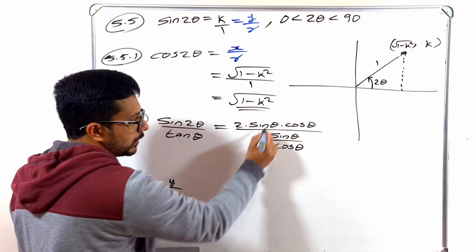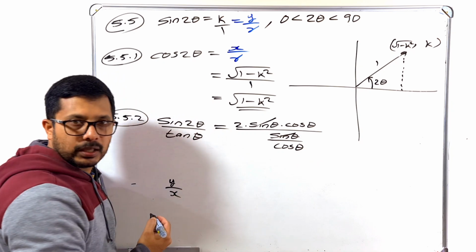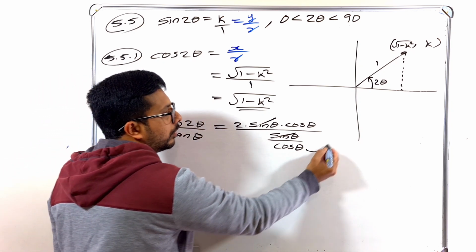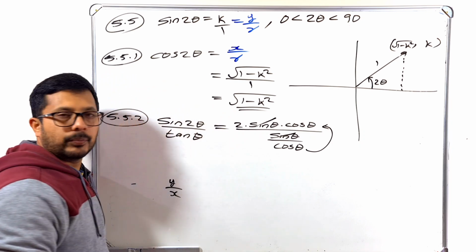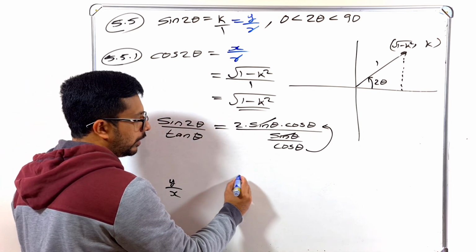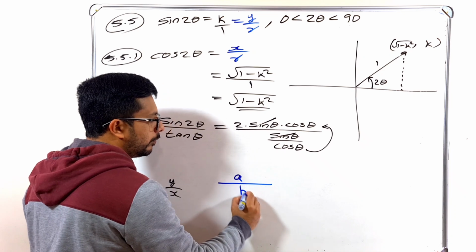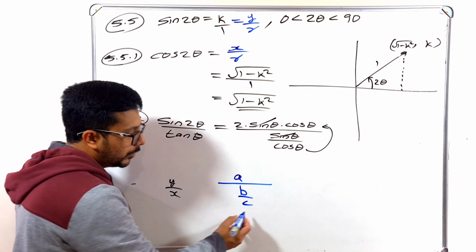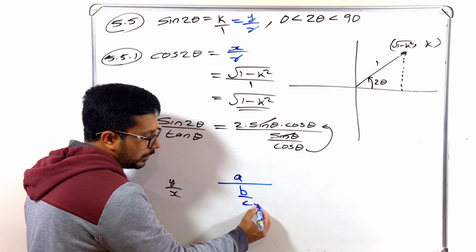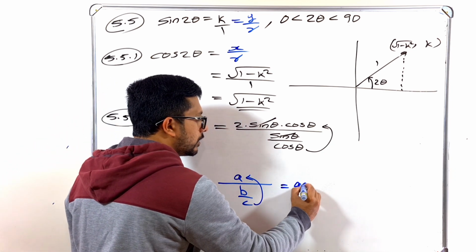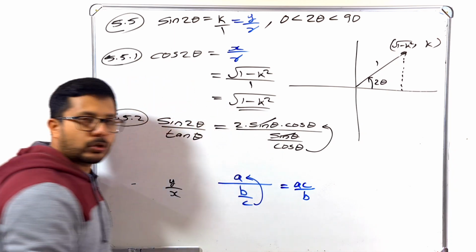Okay. So this sine theta and sine theta cancel. Then what will this cos theta do? This cos theta will go to the numerator and multiply. Okay. So maybe I explained that one in another question. A divided by B by C. If it is something like this, the simple method is this C you have to multiply with this A. Okay, so it is AC divided by B. That's the shortcut method.